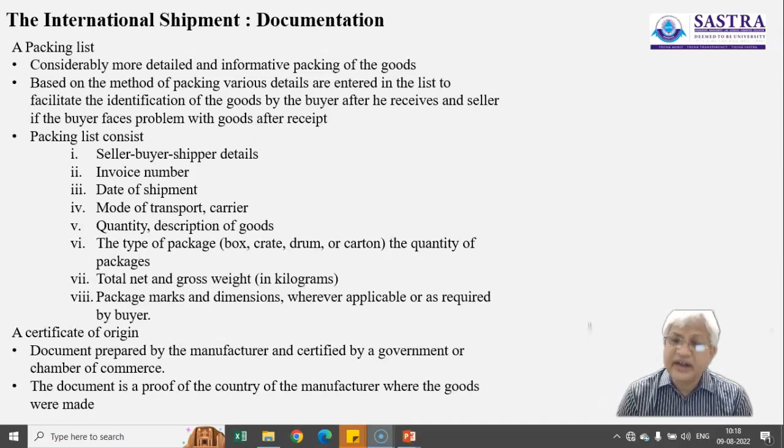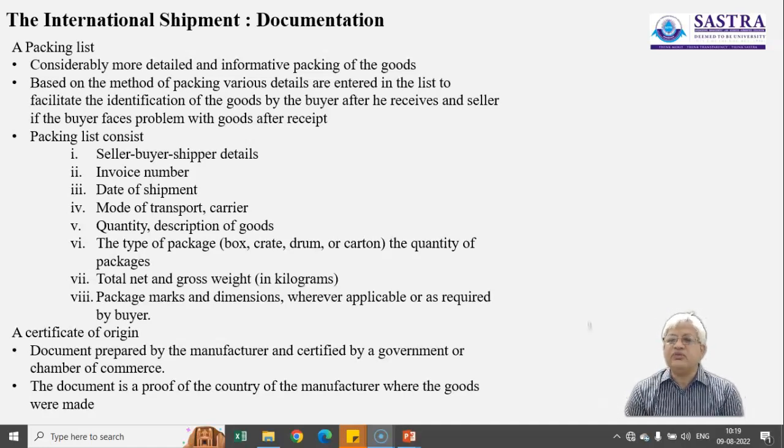Normally, trade in international markets is in big volumes. So, if a buyer in Brazil or in Dubai or UAE purchases the goods, then when it reaches his port, he opens the package.